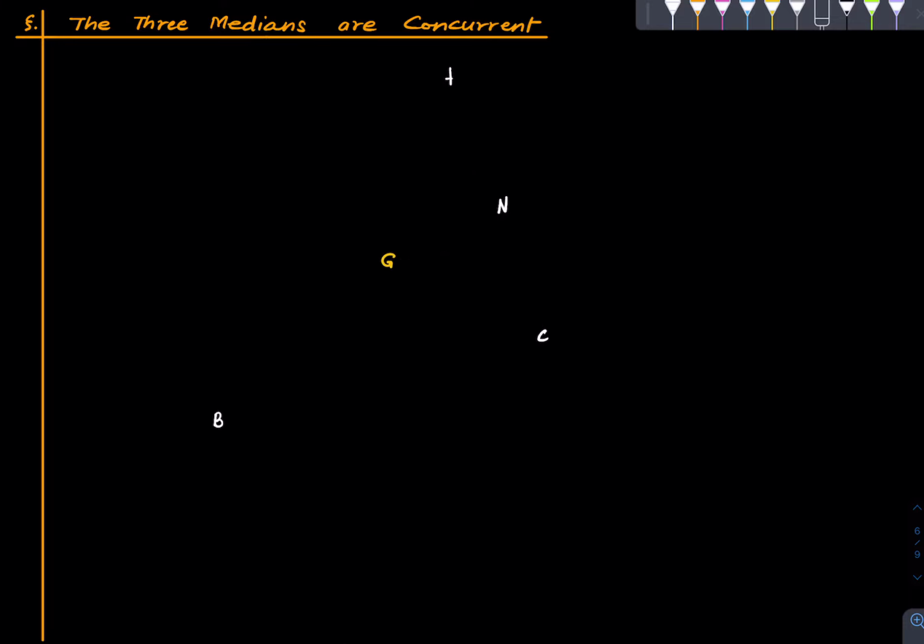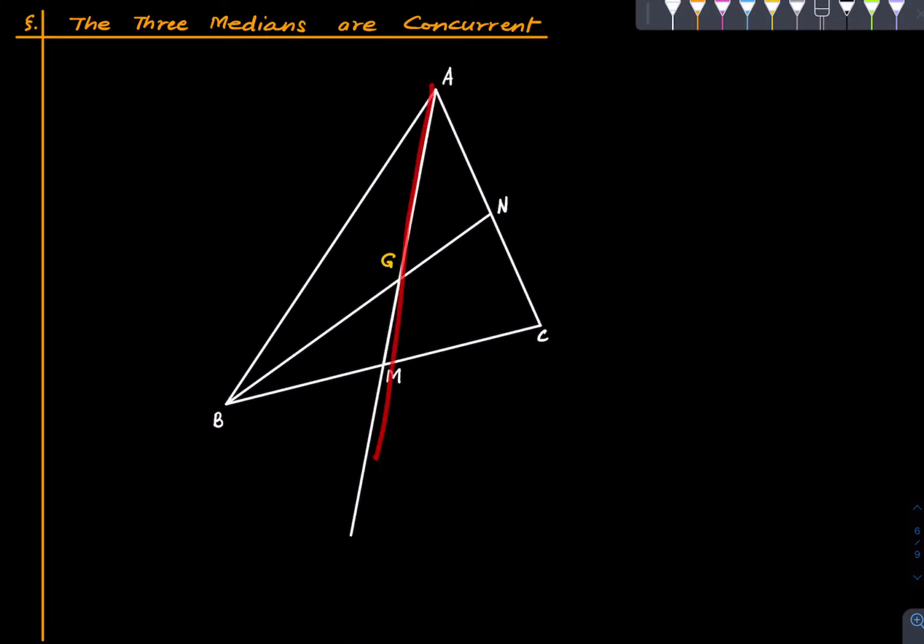So, sorry. To prove that, we have these two medians. They pass through some point called G, and then we would like to show that the median passing through C also passes through G. So draw the median passing through C. Let's say it doesn't pass through G or something. So it passes through some point called G prime.